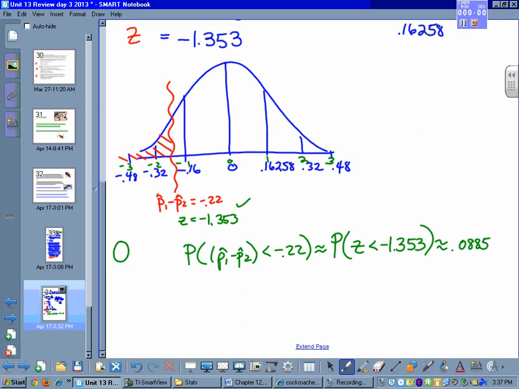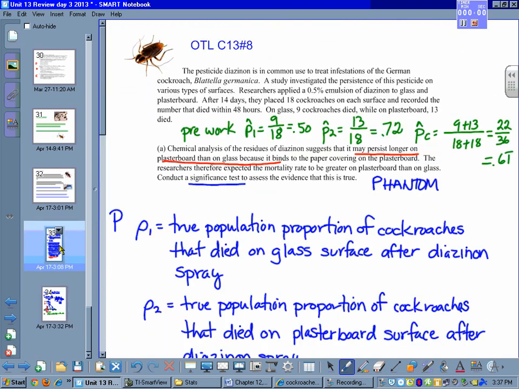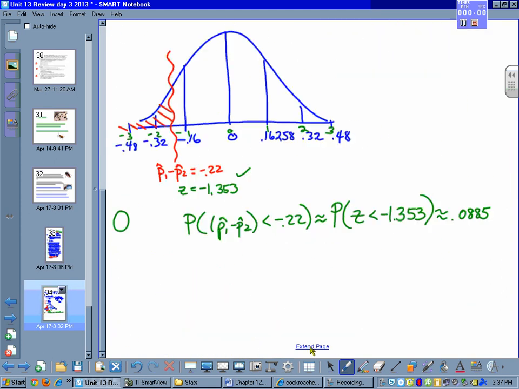So they didn't give me a significance level, I don't believe, in the problem, but at any likely significance level, especially if I choose alpha to be 0.05, which I have recommended that you do if it's not given, I am ready to make my conclusion.